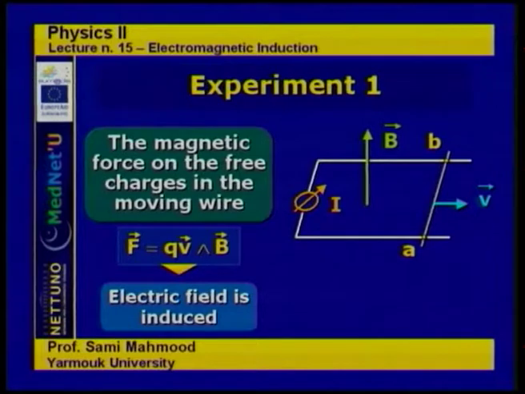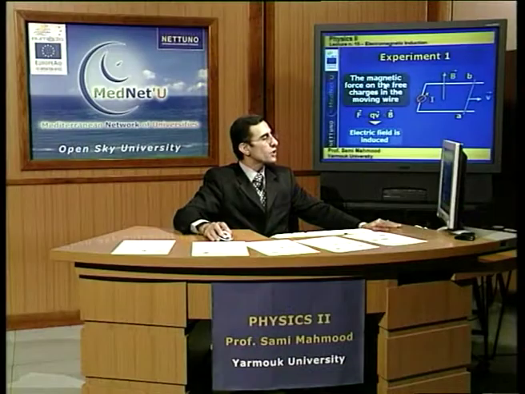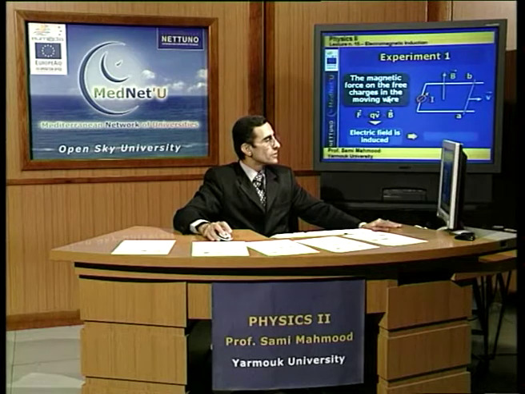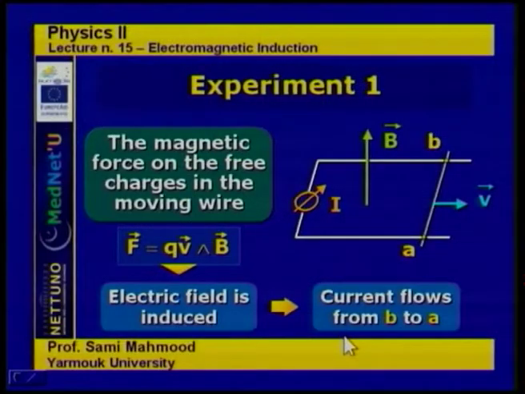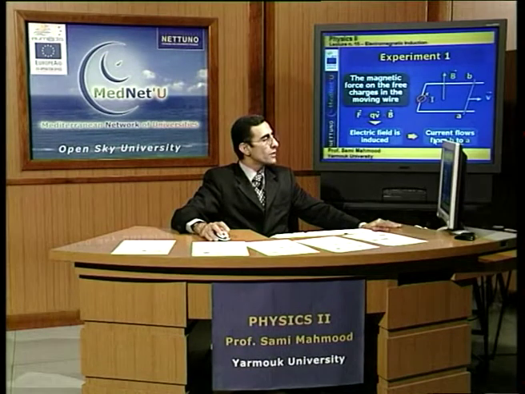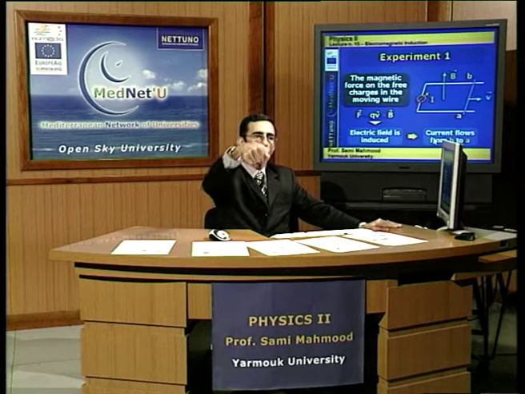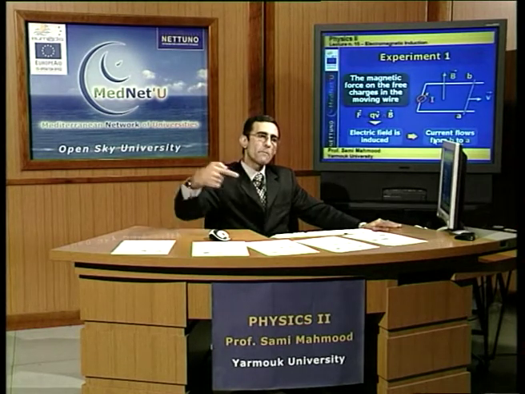This force acts on the free charges, so it drives the positive charges to move from B to A. Current, that means, flows from B to A, or negative charges move from A to B. So the current flows from B to A because the force acting on a positive charge is directed from B to A from this law, QV cross B. So in this wire we have a force acting from B to A, and this force is associated with an electric field.